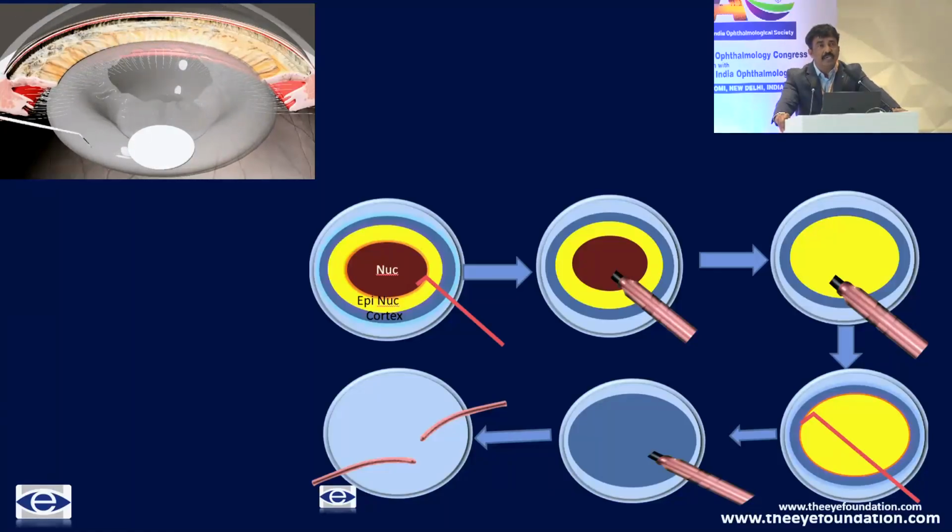It's a totally hydro-free procedure, and once that is done, the endonucleus is emulsified. Similar delineation is done between the epinucleus and the cortex, and the epinucleus is then emulsified or phacoaspirated, and then we do a cortical cleanup and place the lens.